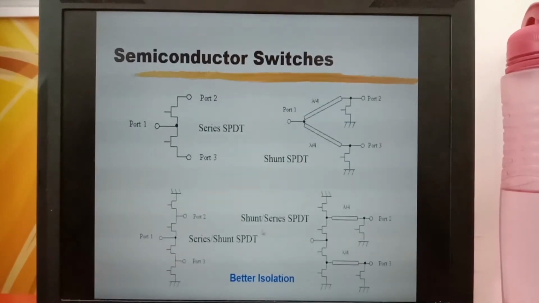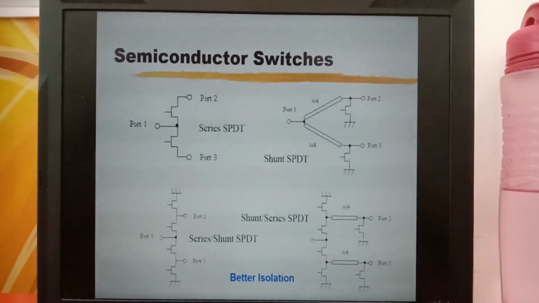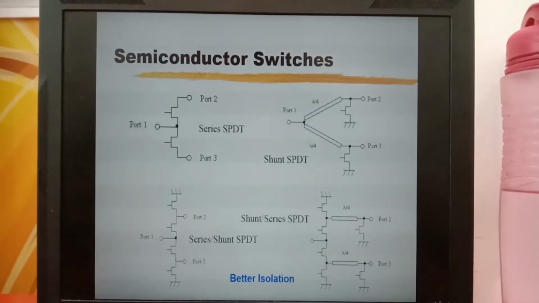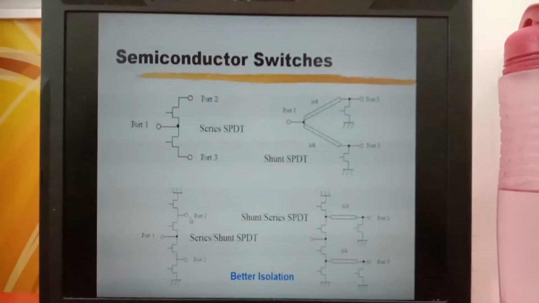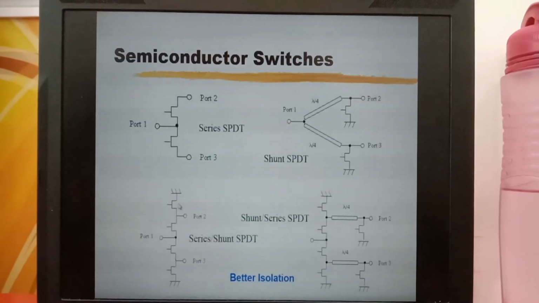To improve further the isolation, we can use a combination of series shunt transistors. In this case, when the signal is to be transmitted from port 1 to port 2, the first transistor is turned off so that we have an open circuit.